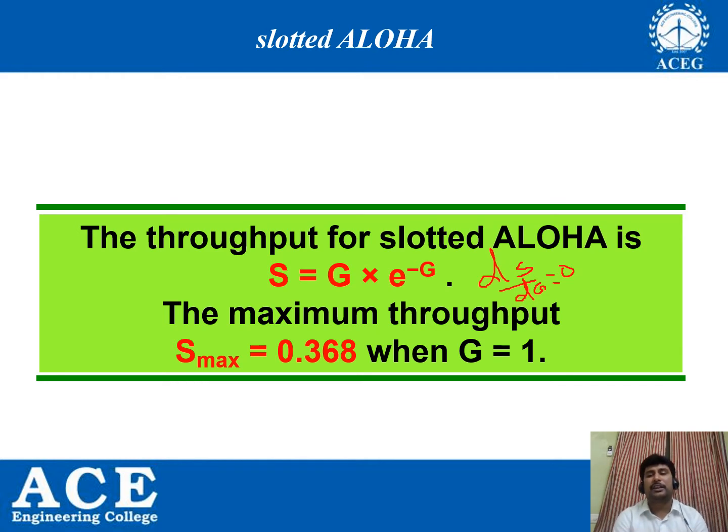Here you will get the value of G as 1, and when you substitute 1, 1 into e power minus 1, you will get a maximum throughput of 0.368, whereas the maximum throughput of pure aloha is 0.184. The throughput in case of slotted aloha is 0.368. I hope this is clear.